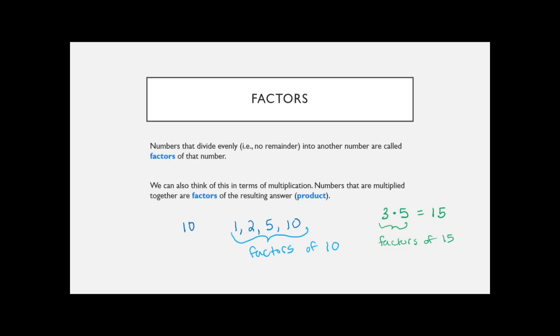Factors are always equal to or smaller than the number you're listing factors for. So notice that all of these numbers are smaller than the other number except for 10. 10 is a factor of itself. But you don't have 12 because 12 doesn't go into 10. It gives you a decimal if you try to divide that. So all of these numbers are smaller than or equal to the big overall number.